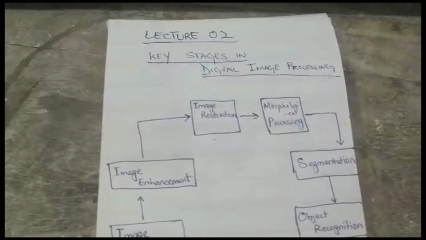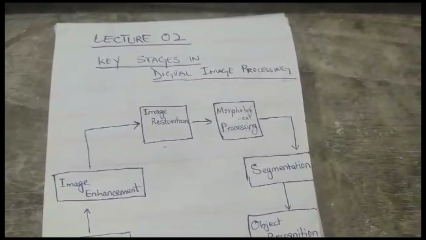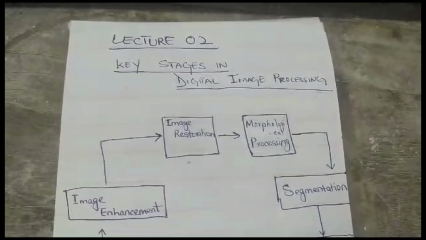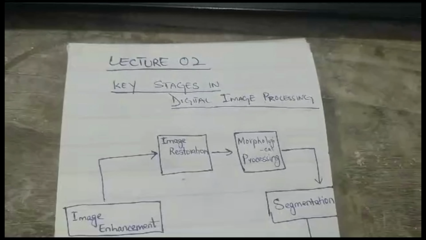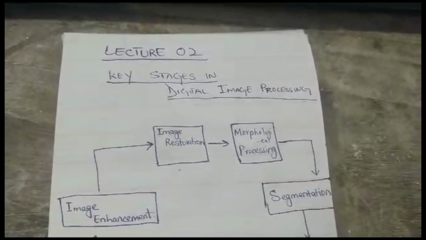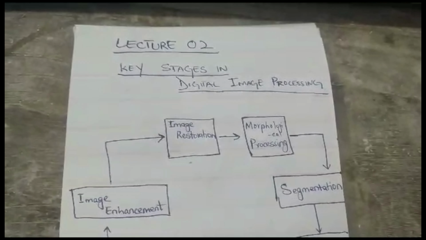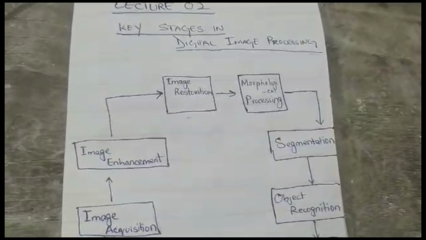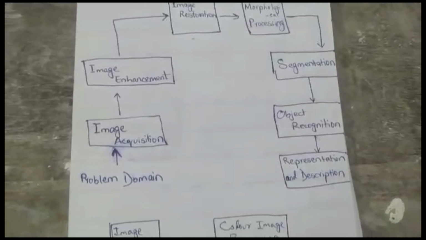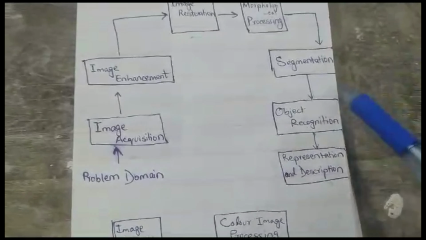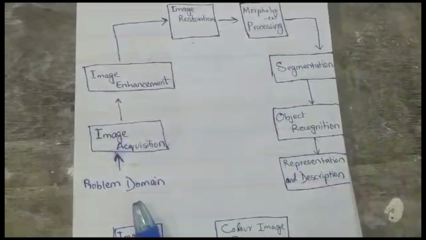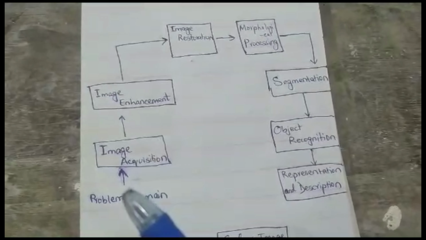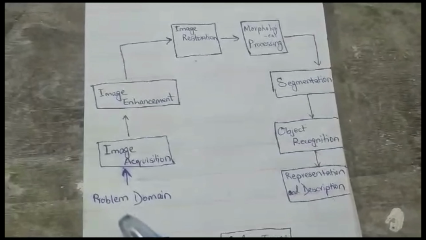Today we will discuss the key stages in digital image processing. What are the basic stages? It starts with the problem domain, the purpose for which you will take an image.